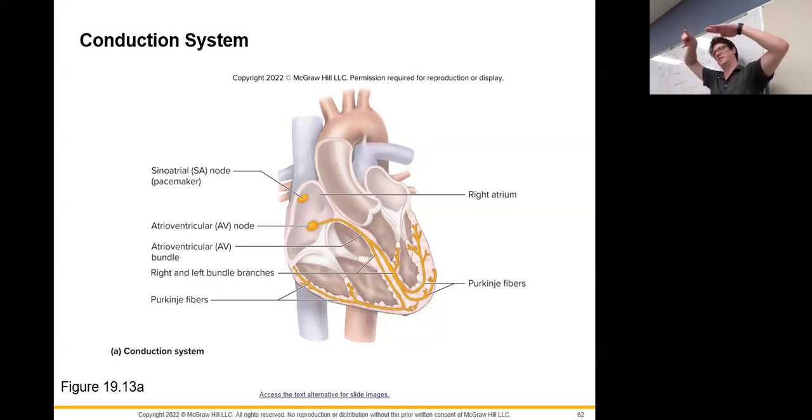Instead, after they send out an action potential, they sit at the resting membrane potential for just a moment. So instead of it being flat and then depolarization, repolarization, then back to flat, these are going to slowly change from that resting rate up to a threshold value.